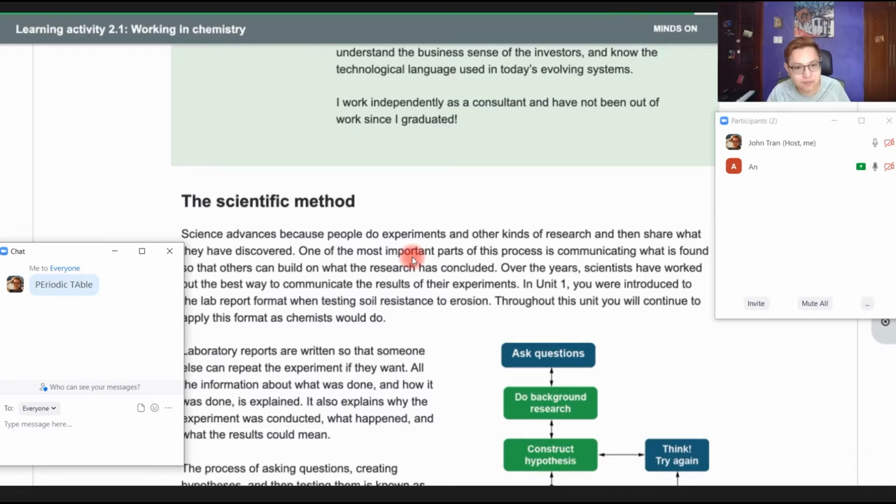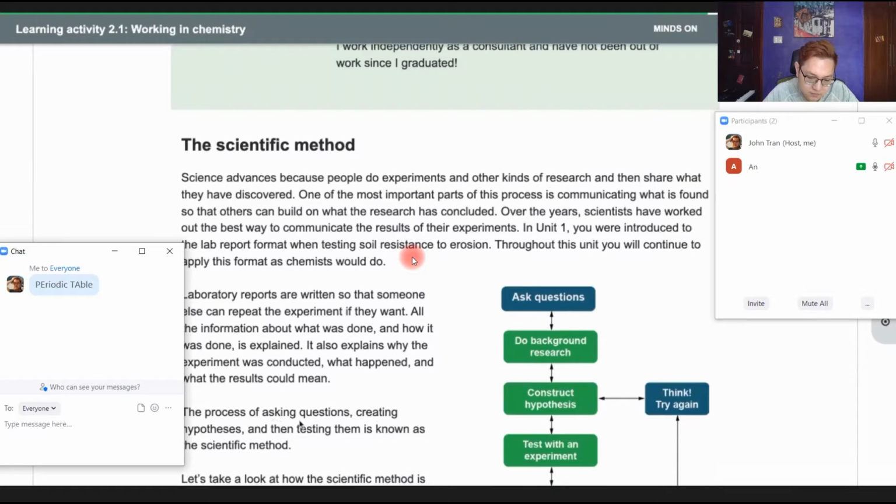Laboratory reports are written so that someone else can repeat the experiment if they want. All the information about what was done and how it was done is explained. It also explains why the experiment was concluded, what happened, and what the results could mean.